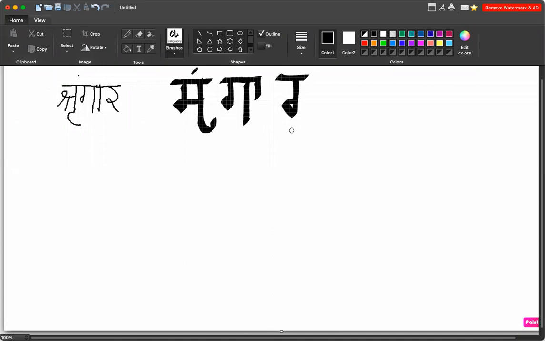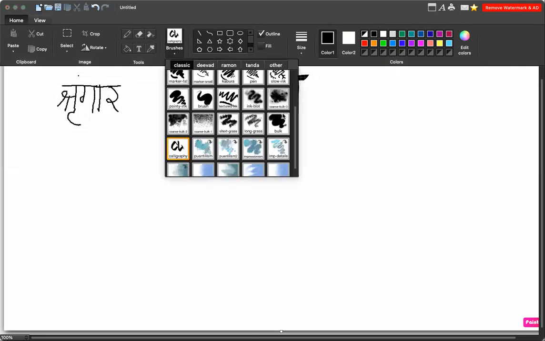Shringar. So that will be Ri. If you're doing R, I'll just pick a word, Shramik, with the same letter.